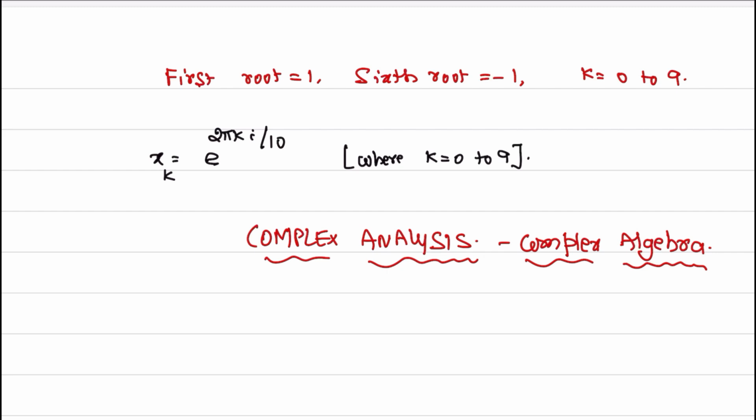Be ready for some calculus also. Complex differentiation, complex integration. From there we switch to real numbers, that is integration, differentiation, series and all this. Let us complete the complex analysis fully. Then we will switch to others. Once you understand the complex analysis fully, then with real numbers, the understanding will be easier. Best of luck to everybody.